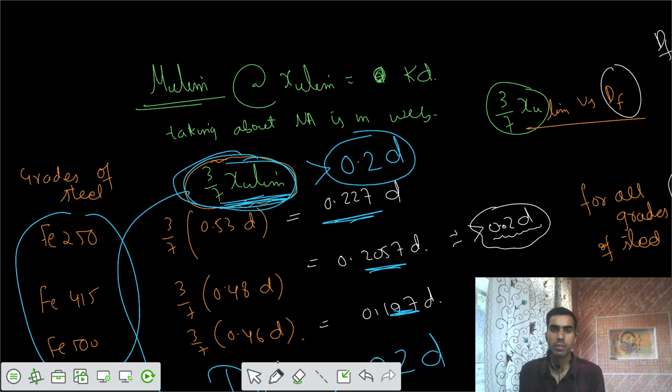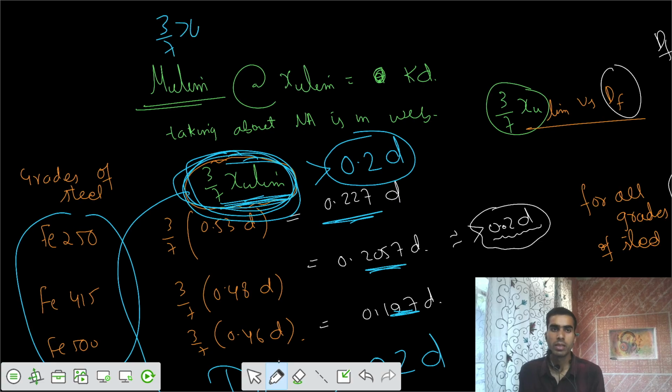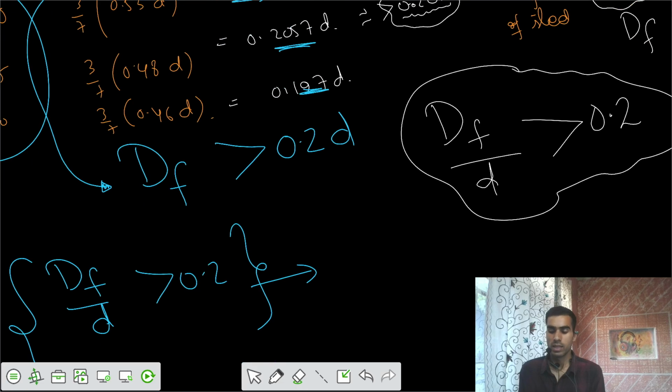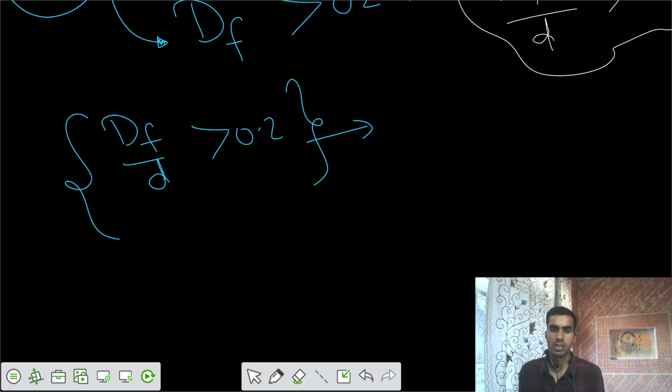this was your 3/7 of XU limiting. That 3/7 of XU limiting, finally divided by D, is greater than 0.2. So that means your parabolic part was in dF.